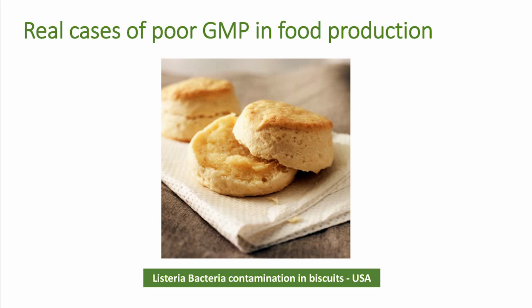And sometimes it also can lead to stillbirth. You know, the newborn will be deaf at birth. So this Listeria is very bad, and they found it in USA in some biscuits. Probably because in good manufacturing practices there were some breaches. Okay? So it can happen in USA.